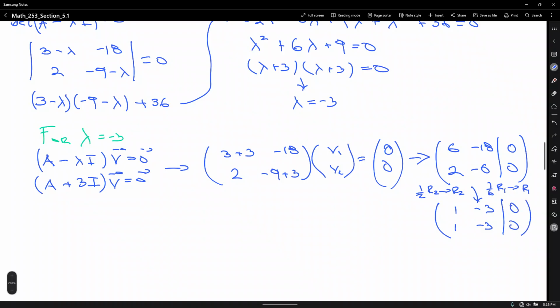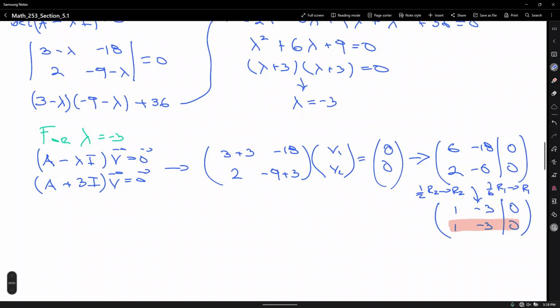0, 0. From here, how do we get the eigenvector? Choose any of the rows, your favorite one. It's the same one, right? I'm going to highlight it and write the corresponding equation. Again, when we write a system of equations into a matrix, we are encoding the system into a matrix.